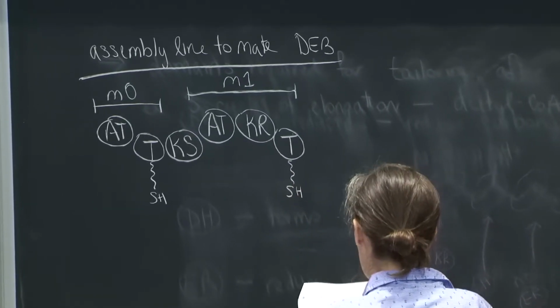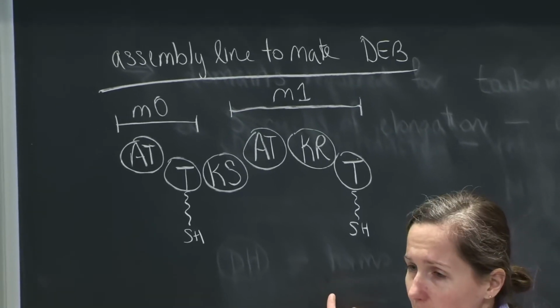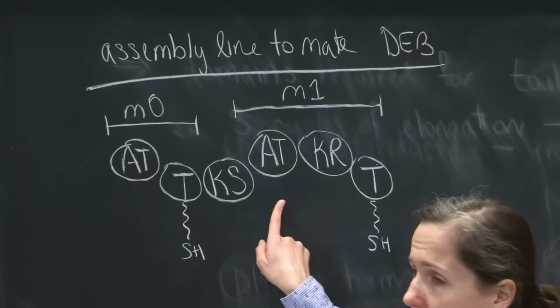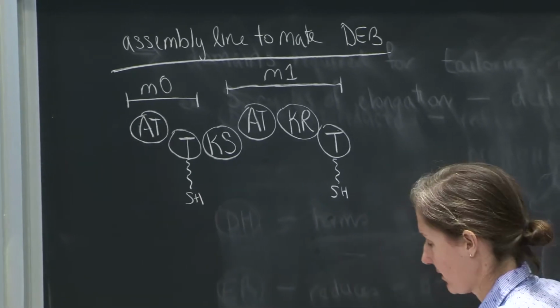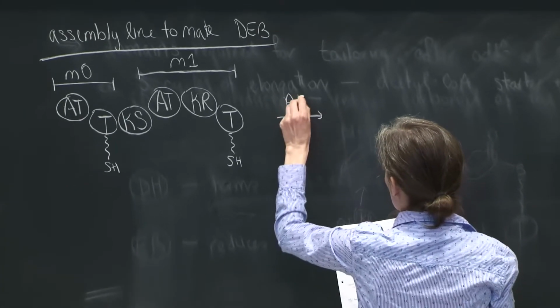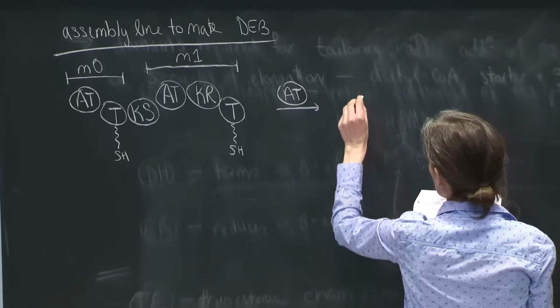the 2 T domains. So what happens now after these have been post-translationally modified? We need the action of the AT domains to load the monomers onto the PPANT arms here. Okay. So action of the AT domain.